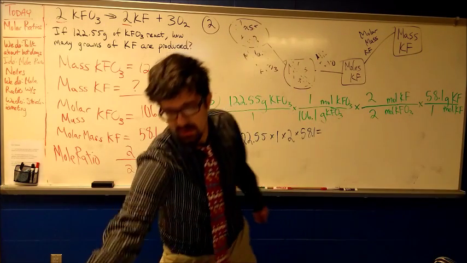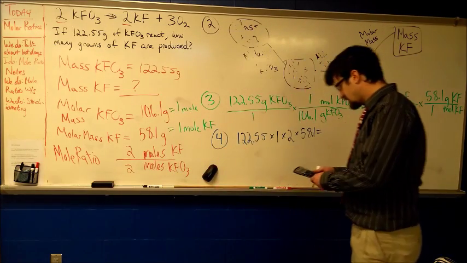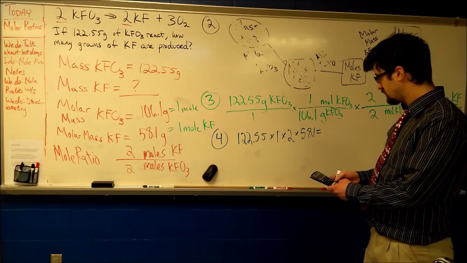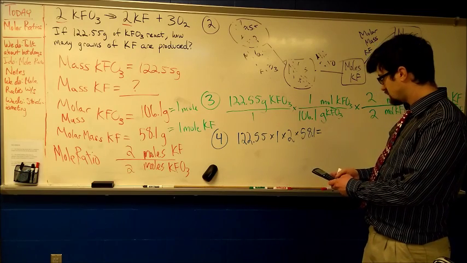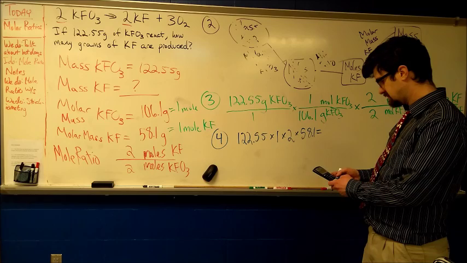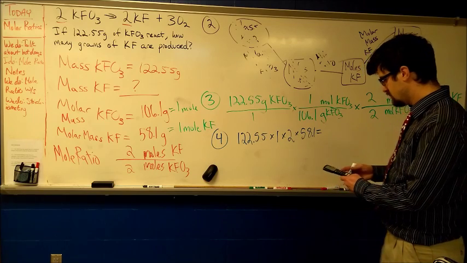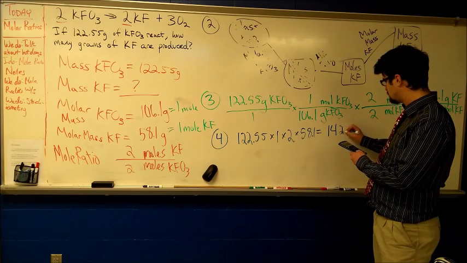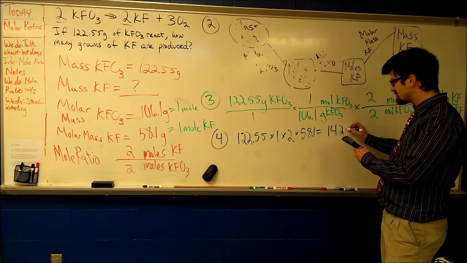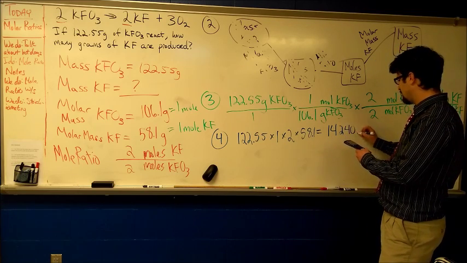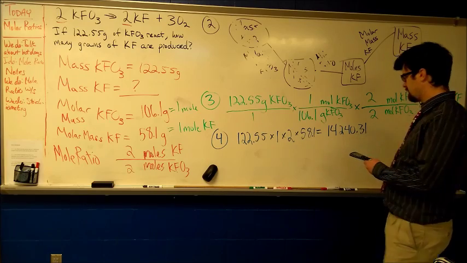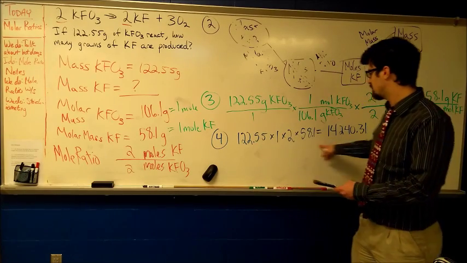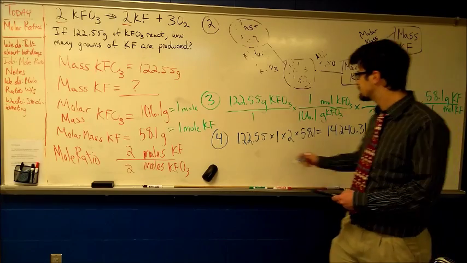I'll go ahead and type that into the calculator. Times 1 times 2 times 58.1 gives me 14,240.31. So I just multiplied these numbers across the top and got that.